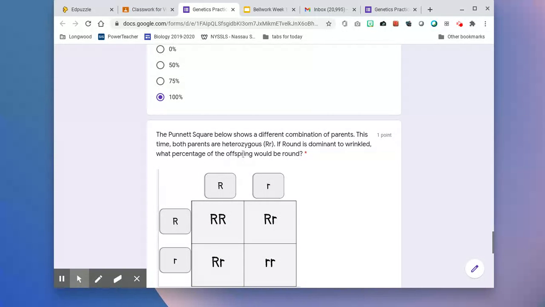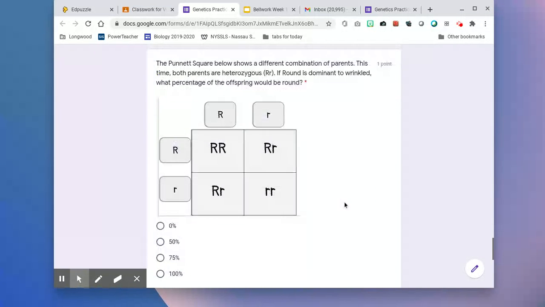The Punnett square below shows a different combination of parents. This time, both parents are heterozygous, capital R, lowercase r. If round is dominant to wrinkled, what's the percentage of the offspring being round? Offspring in the boxes. So I have capital R, lowercase r crossed with capital R, lowercase r, 2 hybrids, and these are my possibilities.